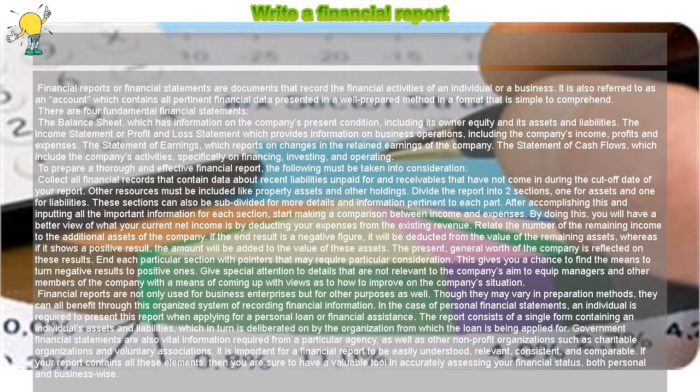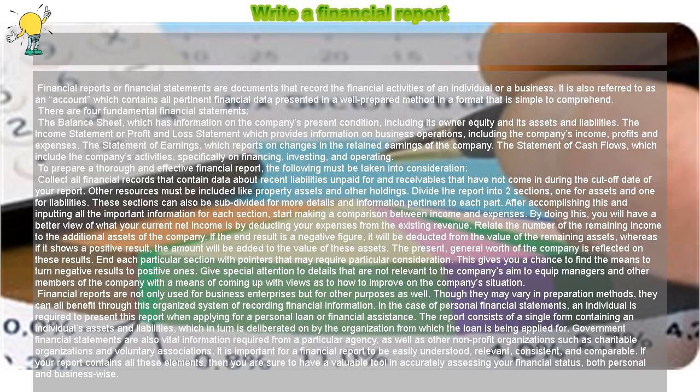Financial reports are not only used for business enterprises but for other purposes as well. Though they may vary in preparation methods, they can all benefit through this organized system of recording financial information.